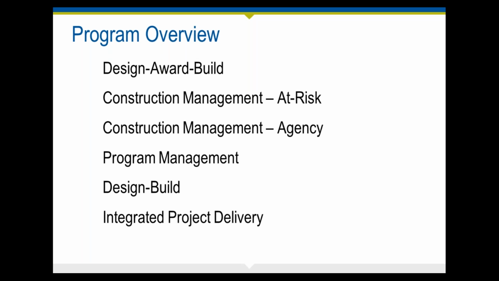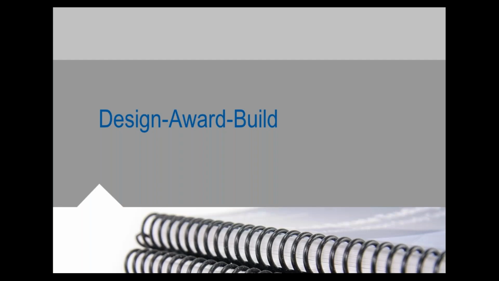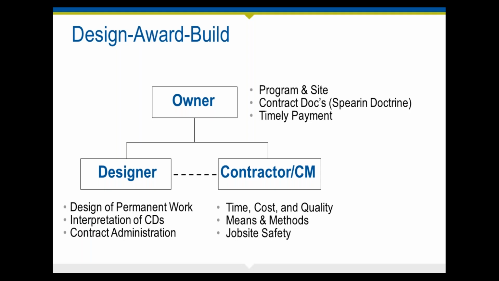But to begin the discussion, let's talk briefly about some of the concepts in the more traditional design, award, build method of project delivery. This is by far the most common method still to this date. And in a design, award, build project, the owner enters into an agreement with the design professional, with the architect or engineer, for design services and preparation of bid and construction documents.